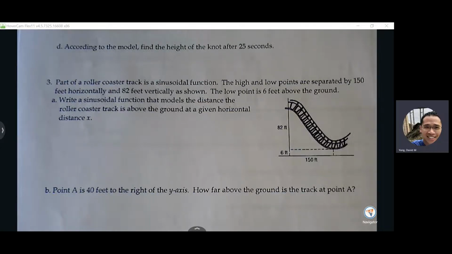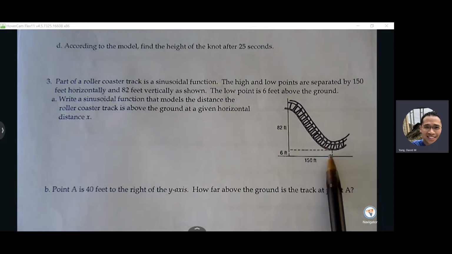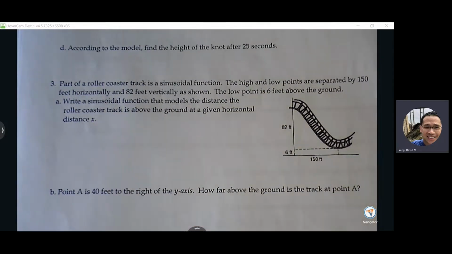It's kind of like the problem that we did yesterday, where the Ferris wheel was above ground. Same thing here. The lowest point is 6 feet above ground. Write a sinusoidal function that models the distance the roller coaster track is above ground at a given horizontal distance.